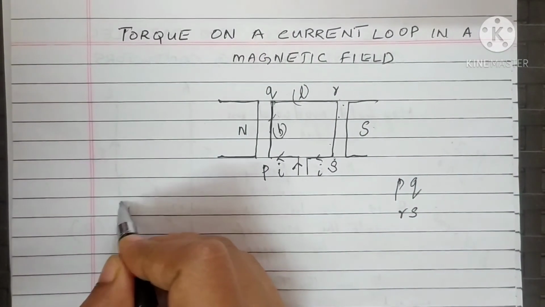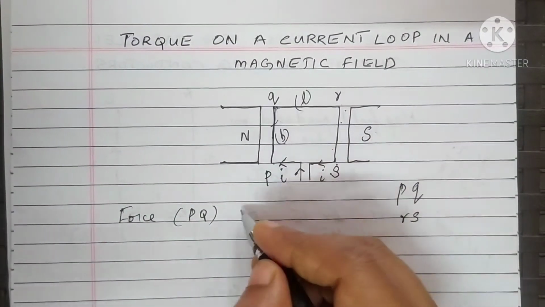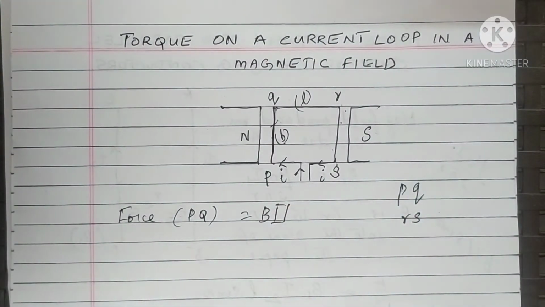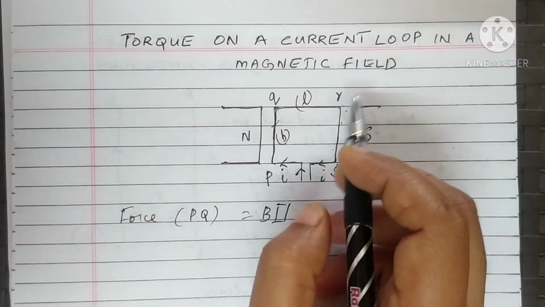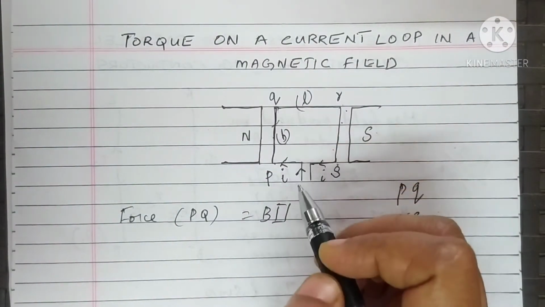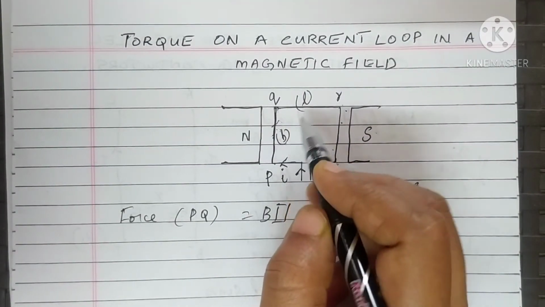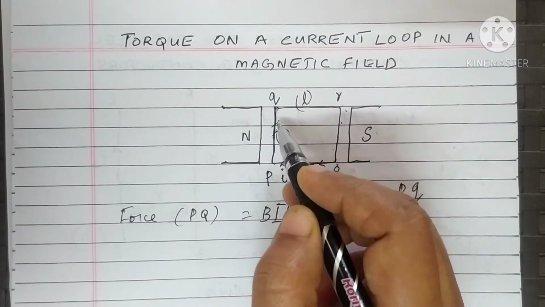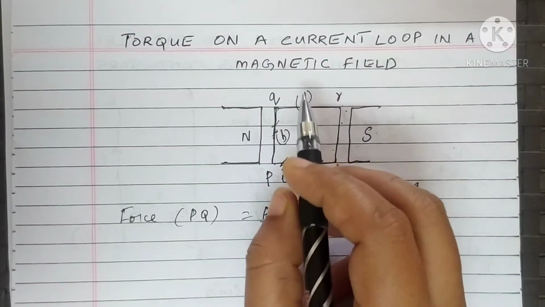So the force experienced by PQ. What is the value? Yes, it is BIL, because sine 90 is 1. And what about the direction? You can check according to Fleming's left hand rule, in which you will get the direction perpendicular to the plane of the paper and into it, inward.